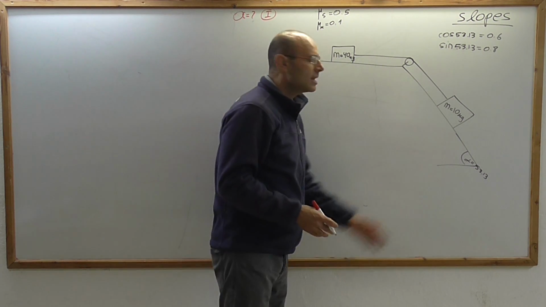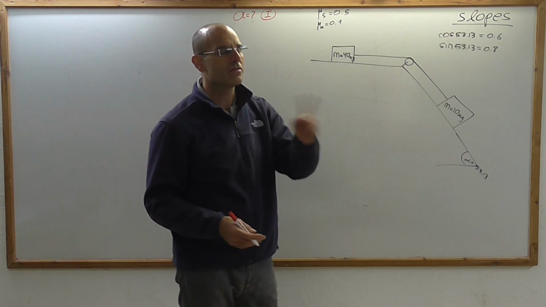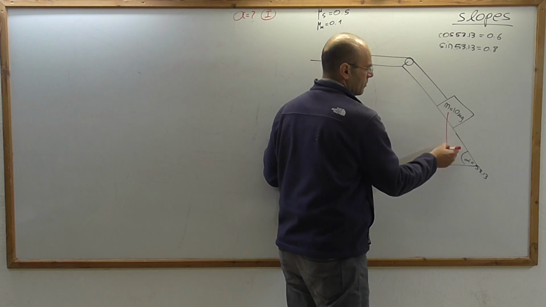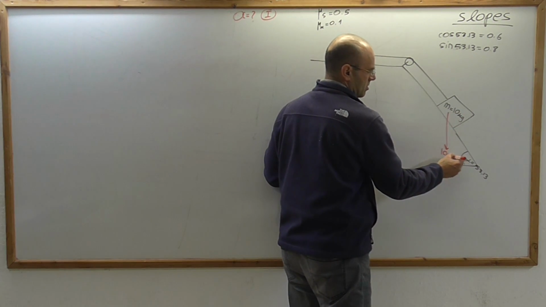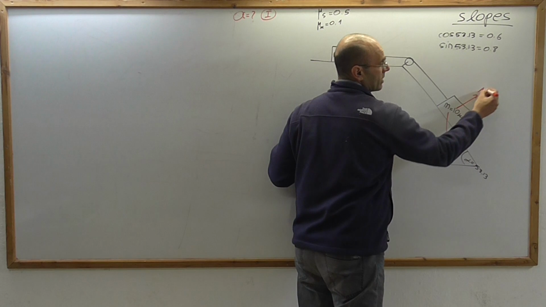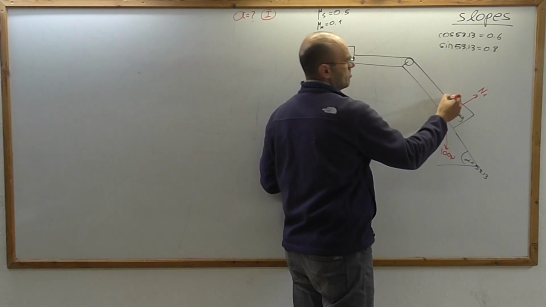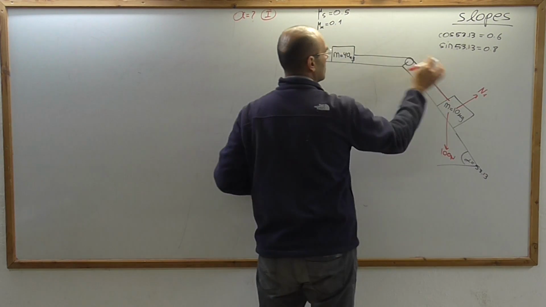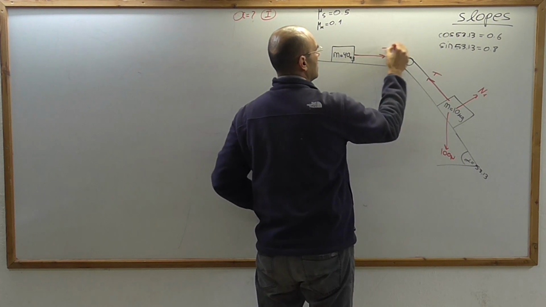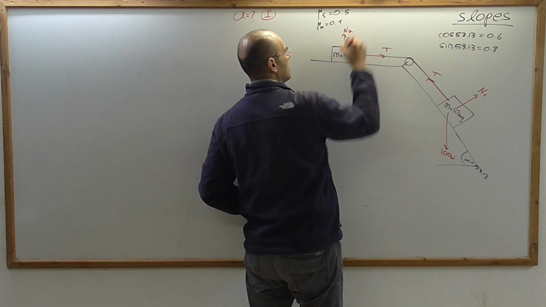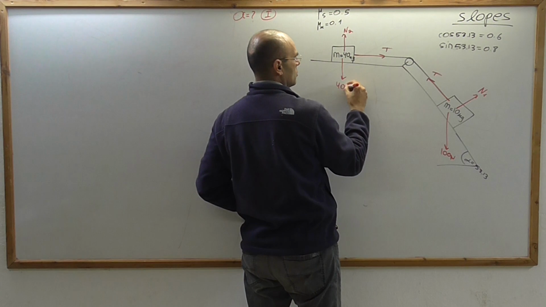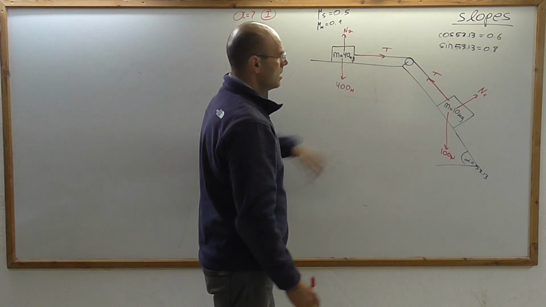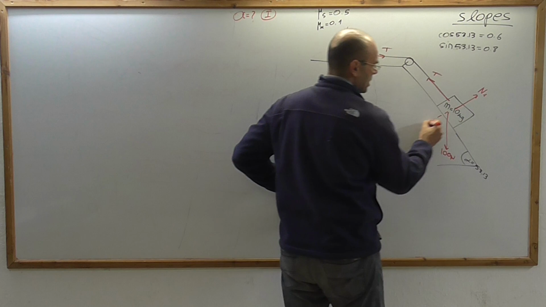Again, let's apply forces without the friction. So I have 100 newtons here, normal, let's put N1 because I will have N2, T, N2, 400 newtons. Let's break it into its components.